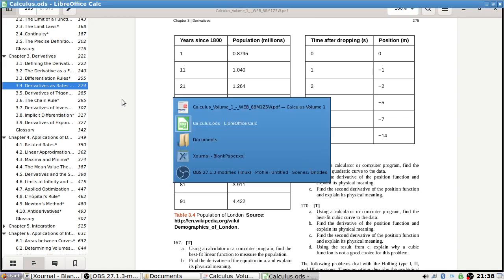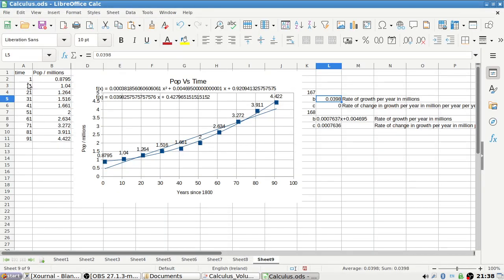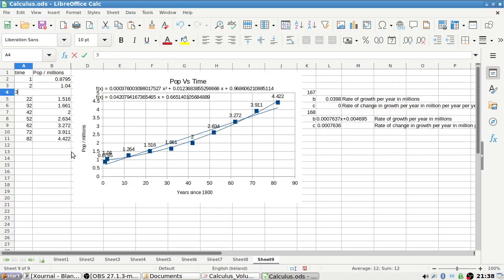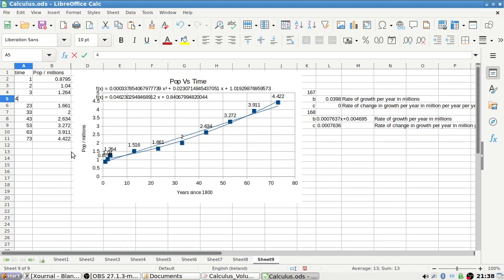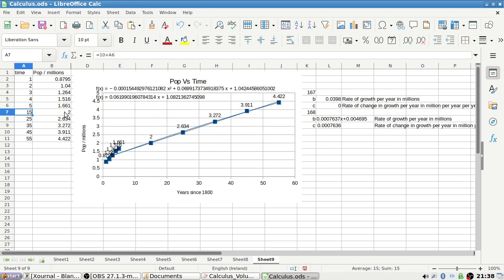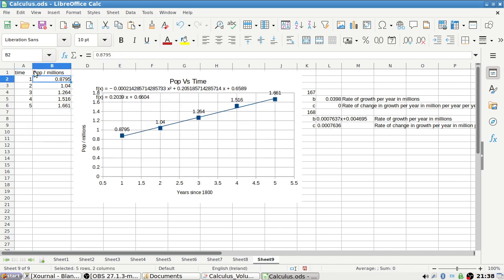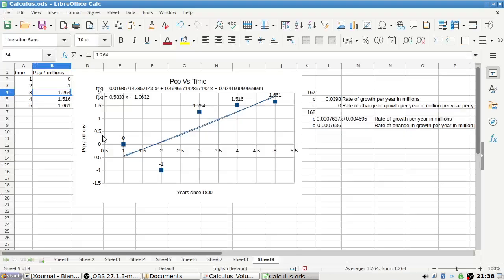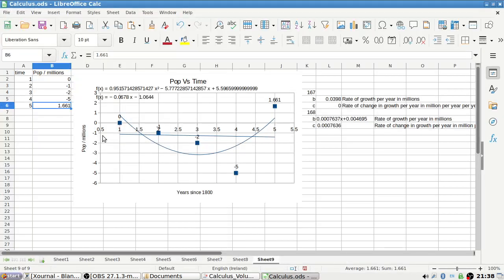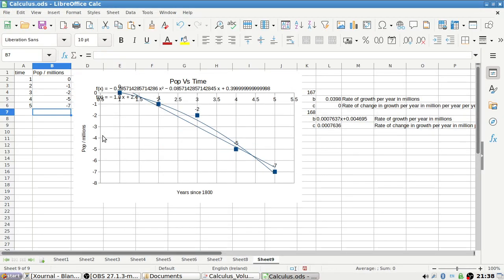Could we just copy this? Let's see. 1, 2, 3, 4, 5. And then this is 0, -1, -2, -5, -7, -14. So I know what's happening here.